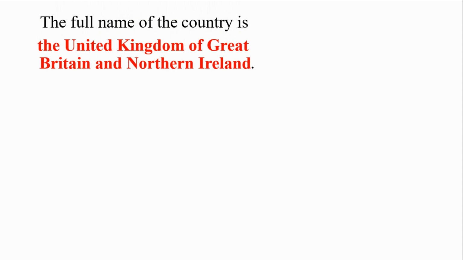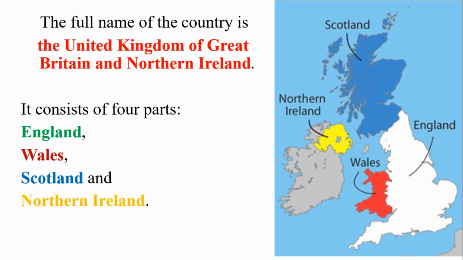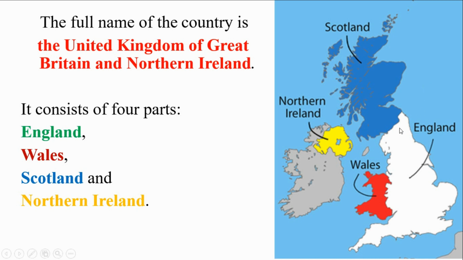As I said, the full name of the country is the United Kingdom of Great Britain and Northern Ireland, and it consists of four parts: England, Wales, Scotland, and Northern Ireland. Look at this picture. This is Scotland, the northern part of the United Kingdom. This is England. This is Wales, and this is Northern Ireland.